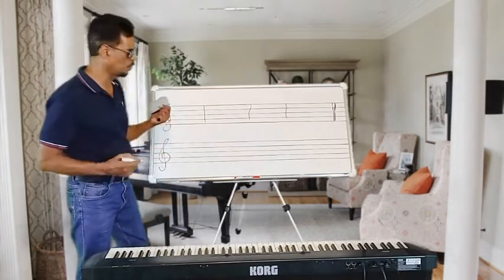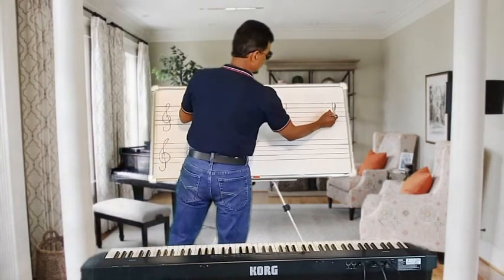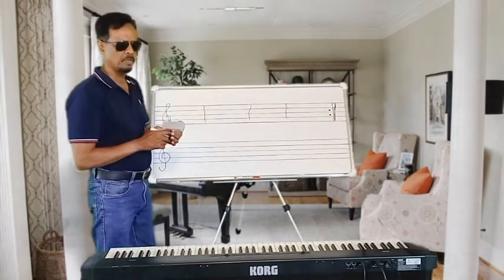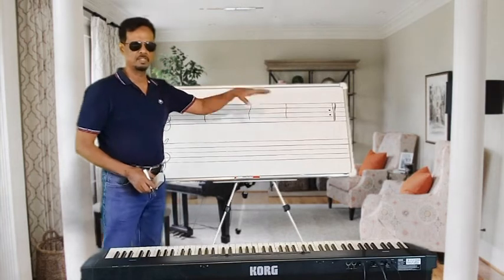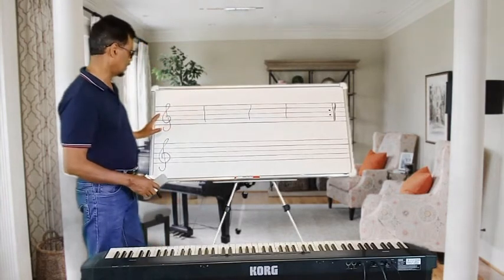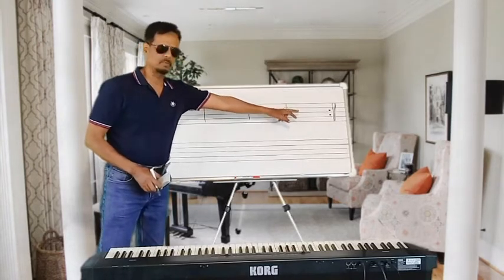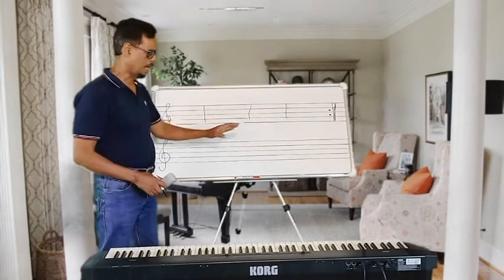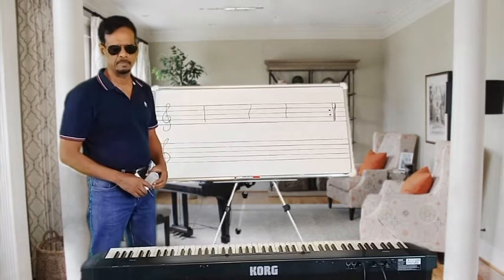What you will have to do, you just insert 2 dots here, and this means that the player has to play this twice. So it starts to play here, arriving at the 2 dots there, he plays it over again and he carries on with his music.